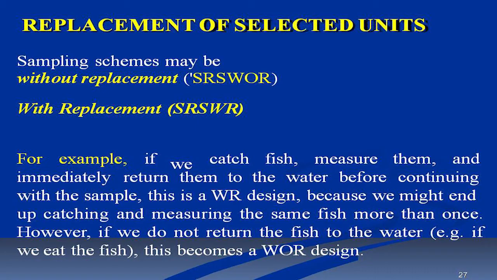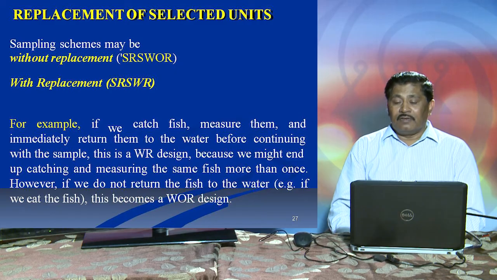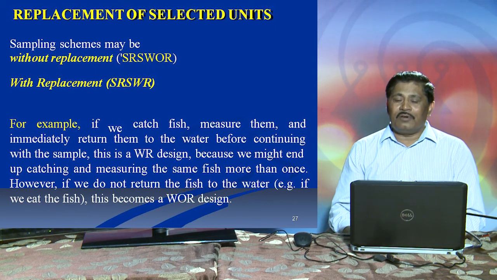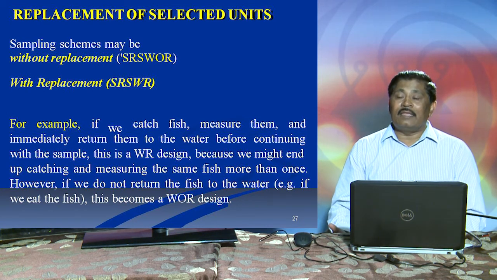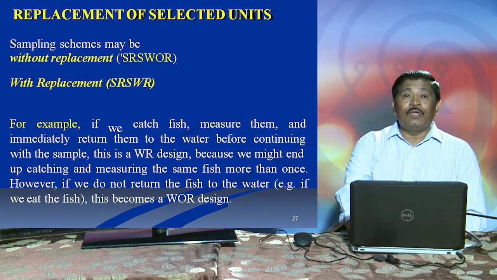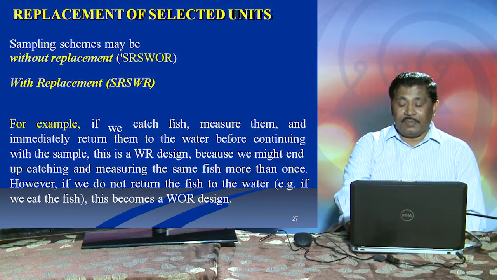However, if we do not return the fish to the water, for example if you eat that fish, this becomes a without replacement design. So, we have to think that if the fish are selected for research purposes, after taking observation it is kept back in the pond in the with replacement case, and in without replacement sampling, once we have taken the observation, it is not kept back in that pond. So, this is the important thing, that we should know the concept of without replacement and with replacement sampling.